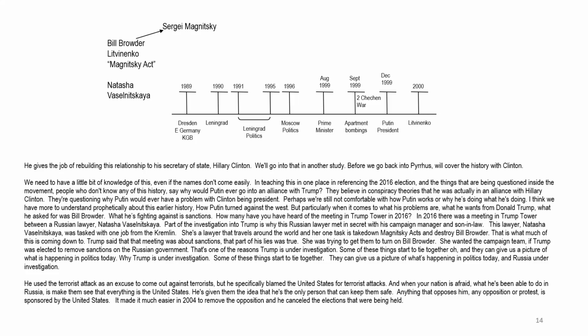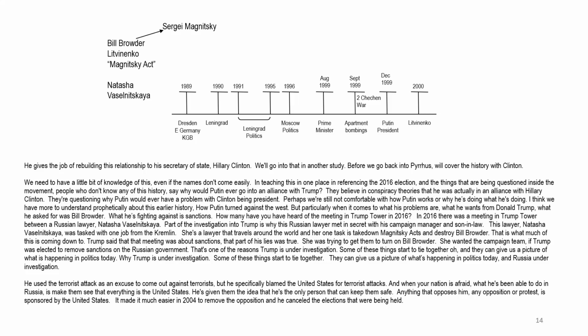He used the terrorist attack as an excuse to come out against terrorists, but he specifically blamed the United States for terrorist attacks. And then your nation is afraid. What he's been able to do in Russia is make them see that everything is the United States.